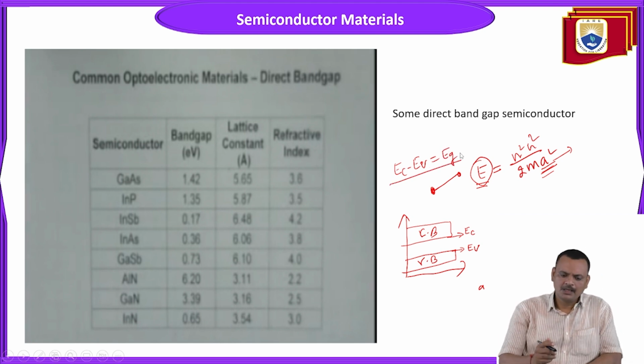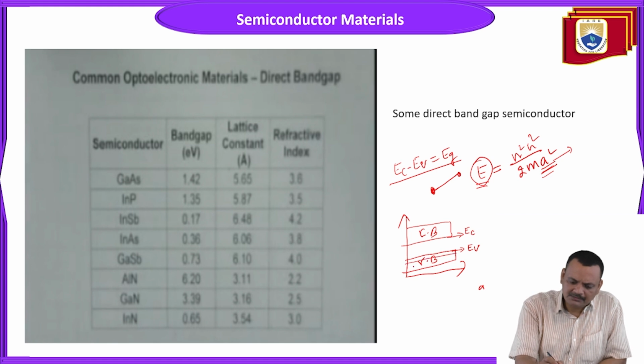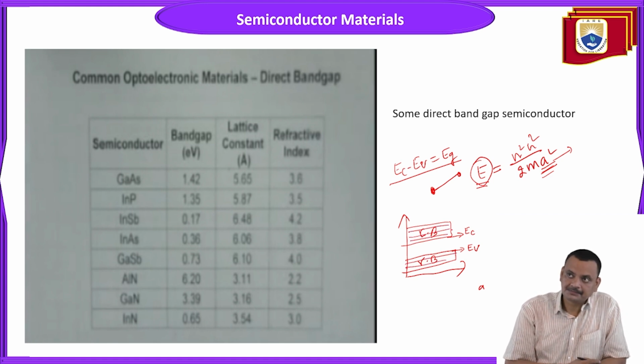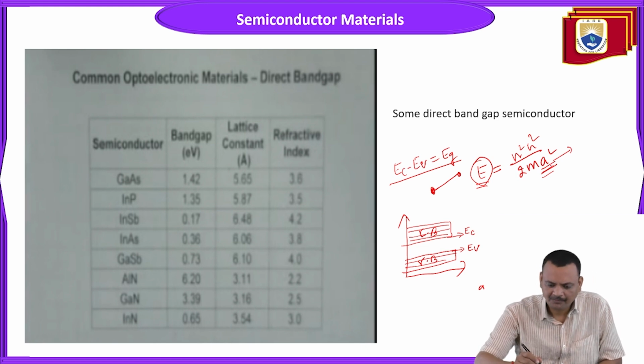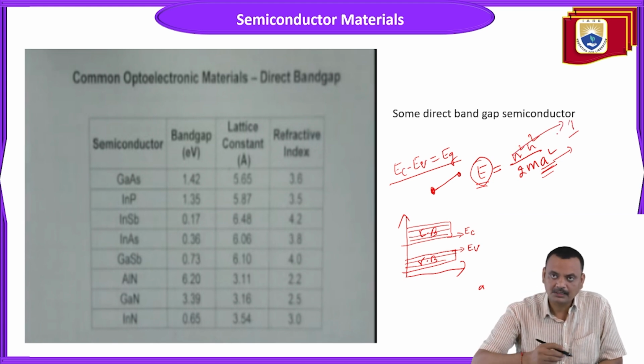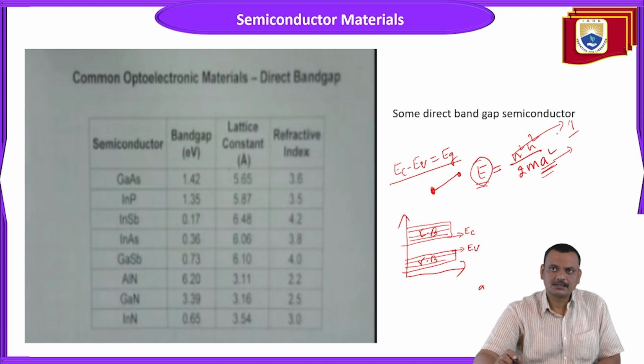These valence and conduction bands are characterized by energy levels. Let's suppose n is the energy level number: if n is 1, it gives the first energy level, and if n is 2, it gives the energy of the second level.